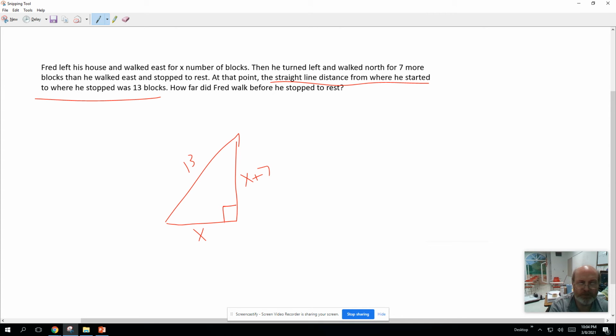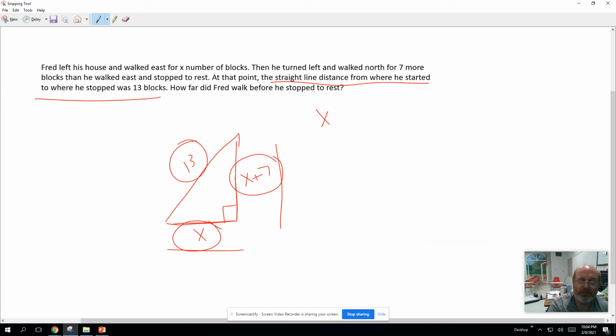Now, because it's east in this direction and north in this direction, we know that that's a 90-degree angle. And we're asked to find how far did Fred walk. So we need this distance plus this distance to figure out how far Fred walked before he stopped to rest. So we're going to use the Pythagorean theorem. This leg squared plus this leg squared equals the hypotenuse squared.